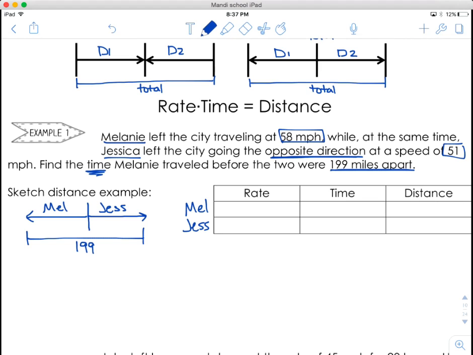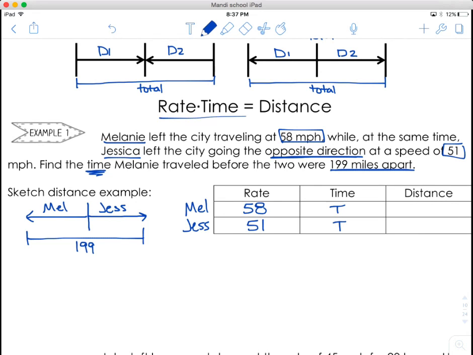Rate means miles per hour, inches per second, kilometers per hour, something like that. So Melanie's rate is 58. Jessica's rate was 51. They have traveled the same amount of time. They both left. Melanie's obviously traveling faster than Jessica, so Melanie has gone farther, but the amount of time that has passed is exactly the same.